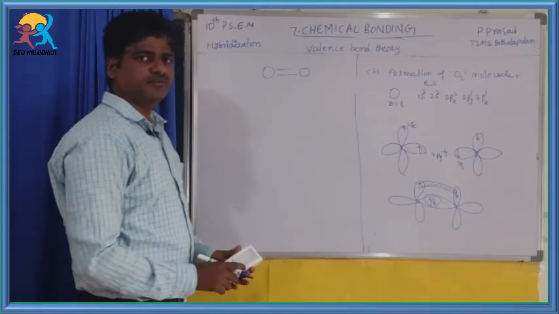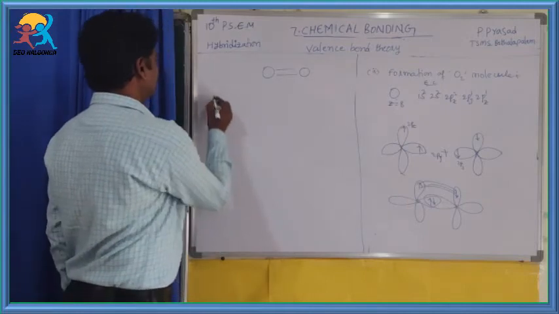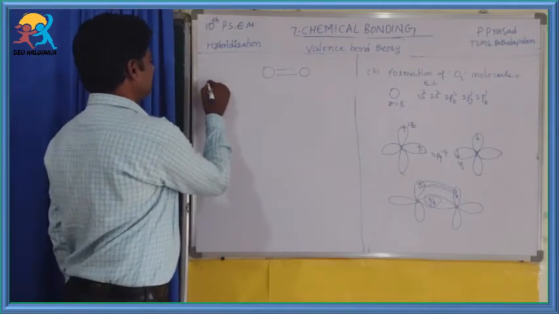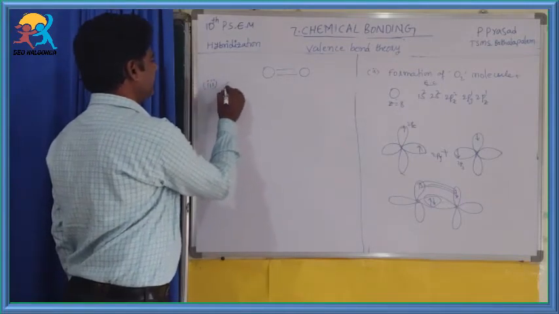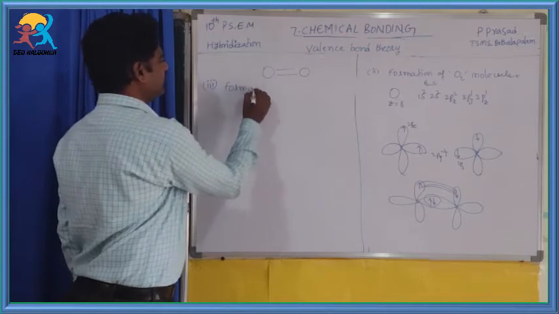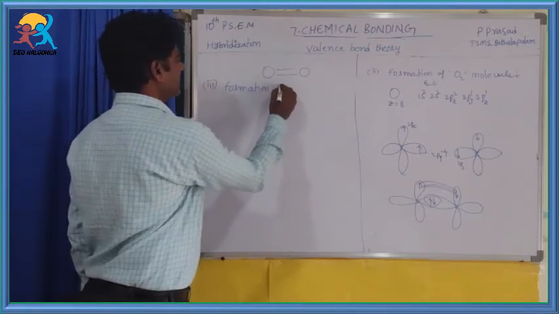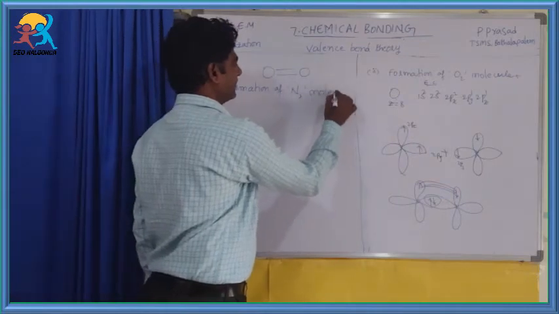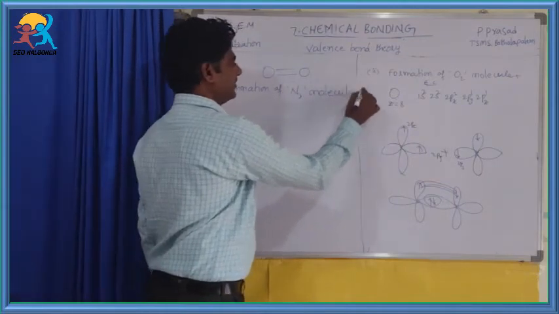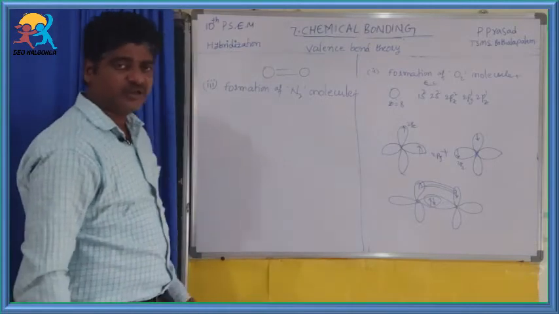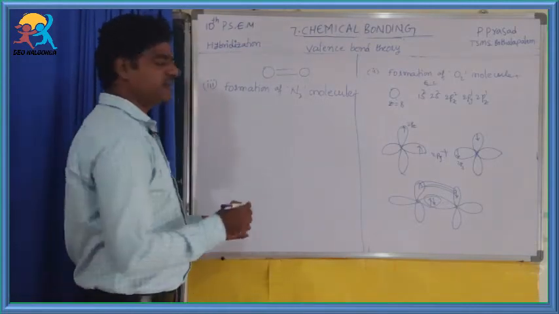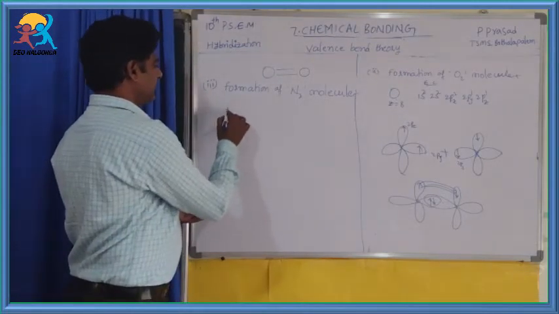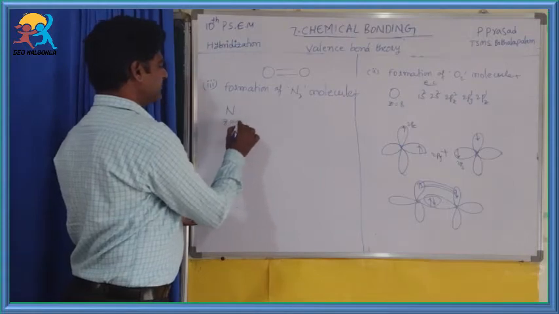Next I am taking another example, formation of N2 molecule, that means nitrogen molecule. To form a nitrogen molecule, two nitrogen atoms are required. Now what is the atomic number of nitrogen?